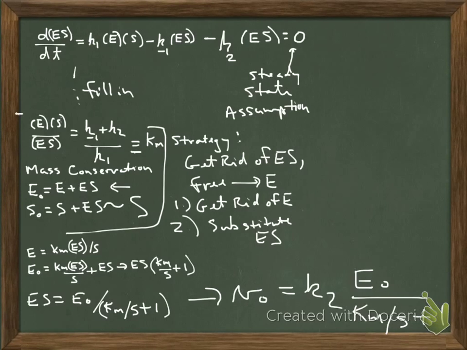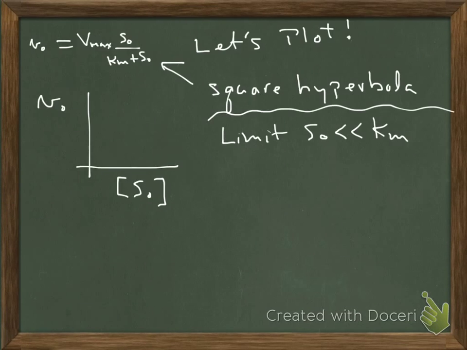So this has units of concentration. It doesn't have to be molar. It could be millimolar, as long as everything's millimolar or nanomolar or micromolar or whatever. It just needs to have the same units.